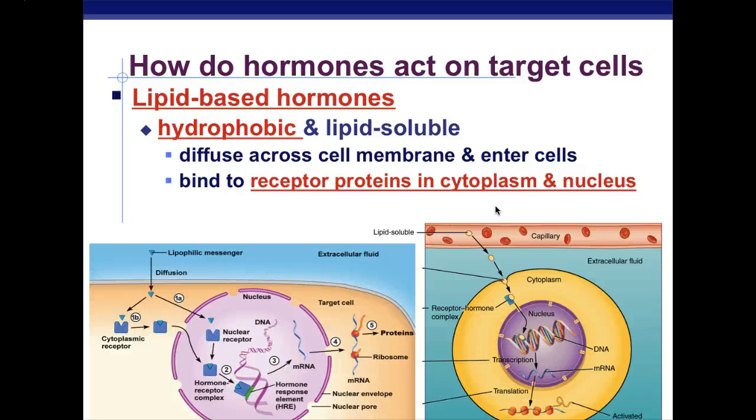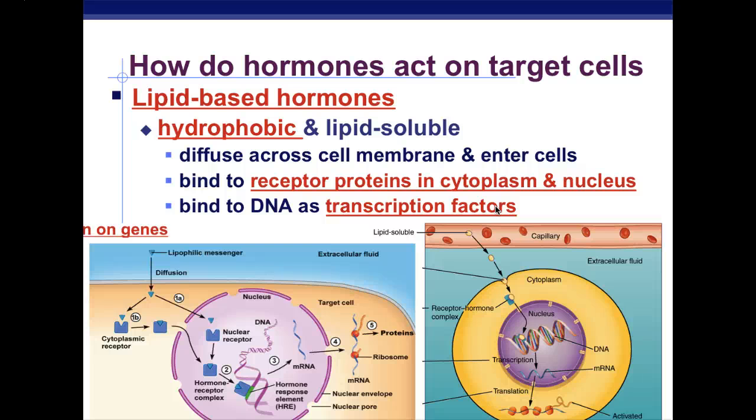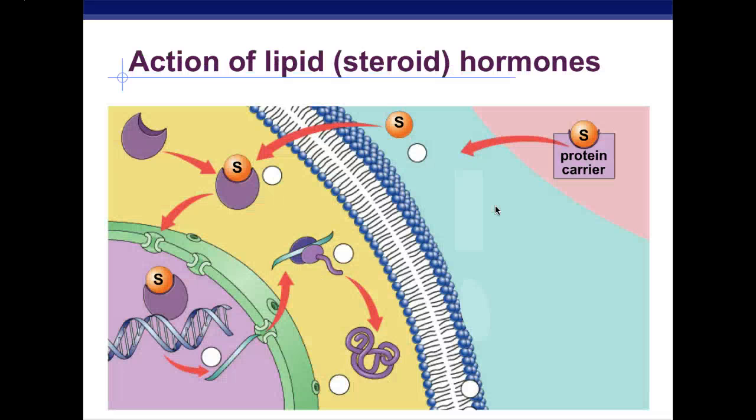And therefore, they don't bind to a receptor on the surface of the cell, they bind to receptors in the cytoplasm or the nucleus of the cell. And in some cases, the hormone will bind directly to the DNA and act as something called a transcription factor, meaning something that's going to activate the copying of DNA to RNA so that we can make a new protein. And we call this turning on genes, the activation of transcription.